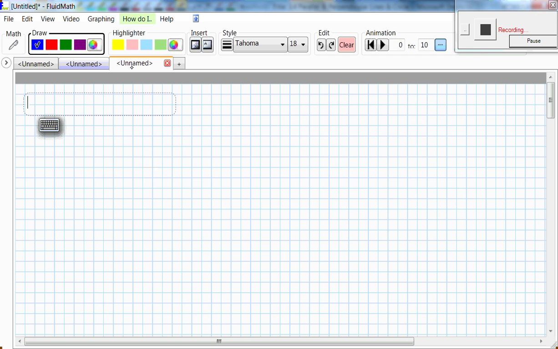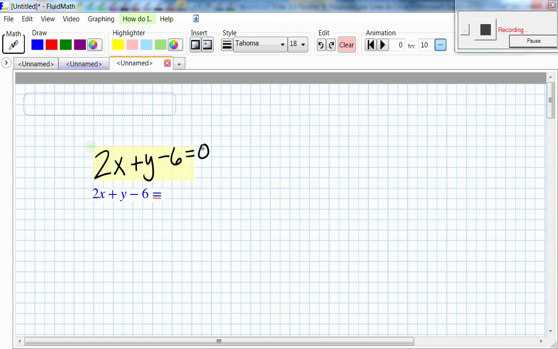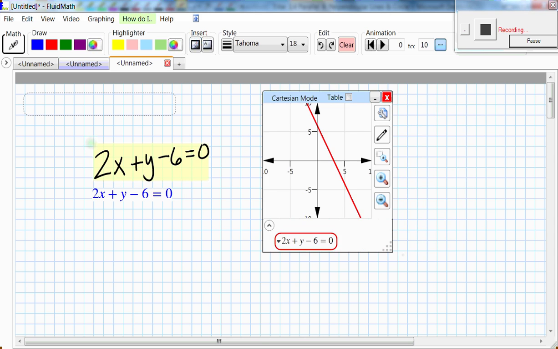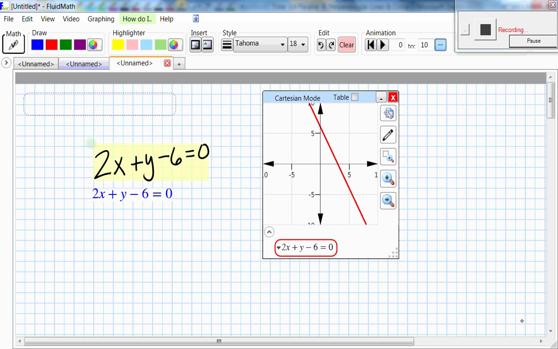All right. So what was the first line that we gave? What was the first equation? Wasn't it 2x plus y minus 6 equals 0, right? Okay, we'll graph that one. And there's my line right there. Have I not shown you guys this program yet?